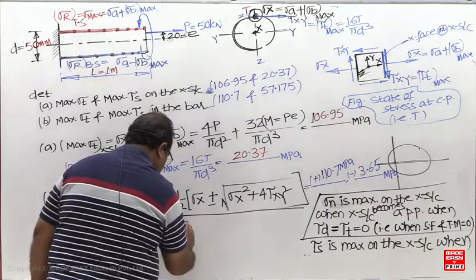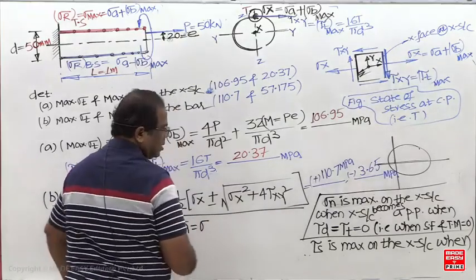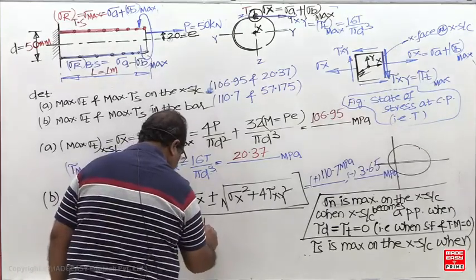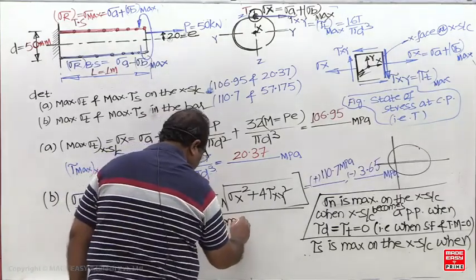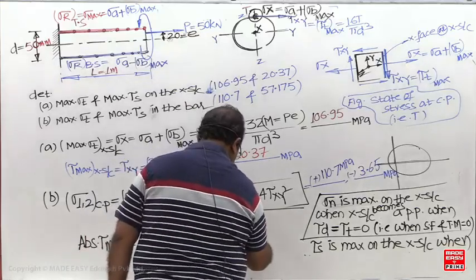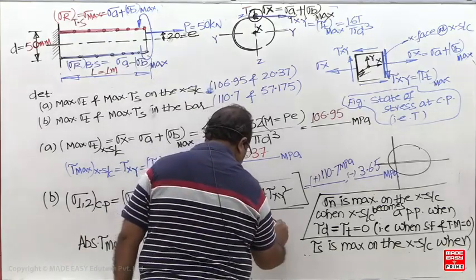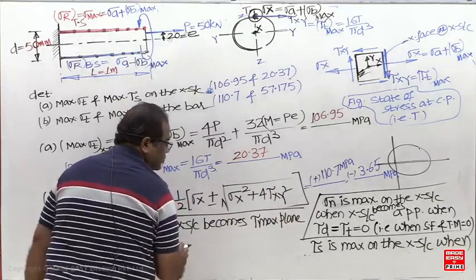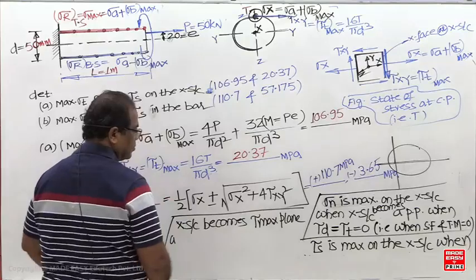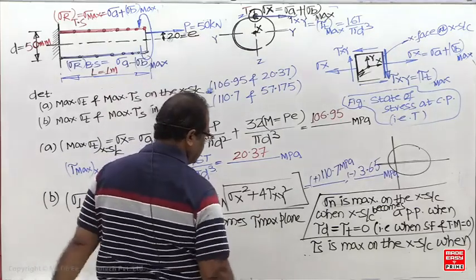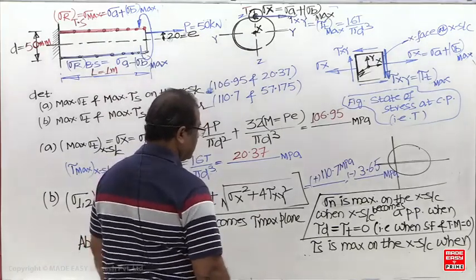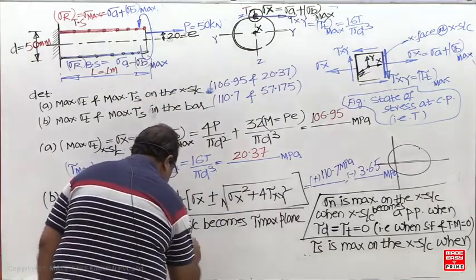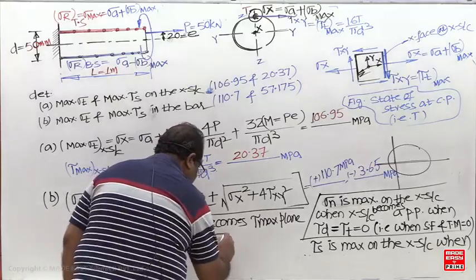When the axial stress and bending stress, that is axial and bending stress, both are 0.